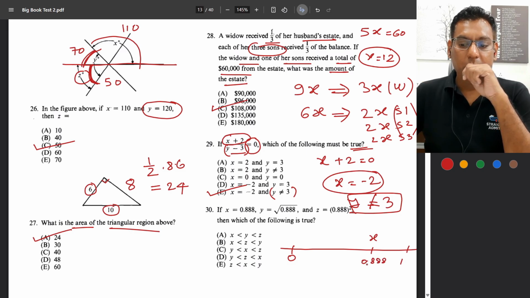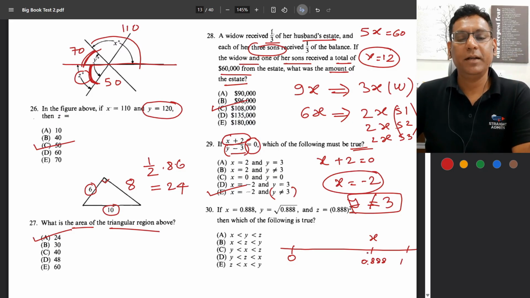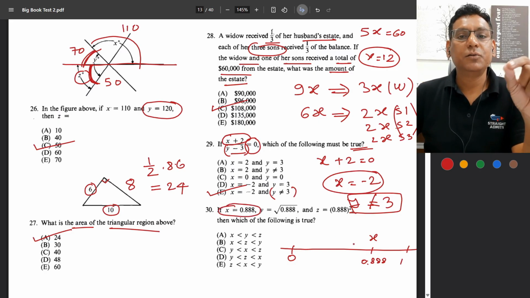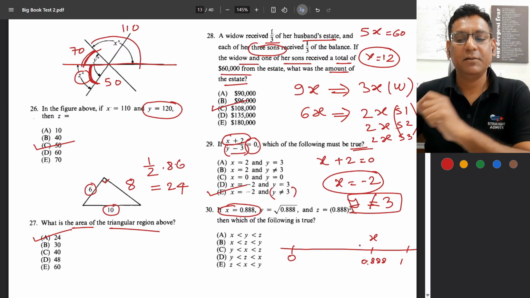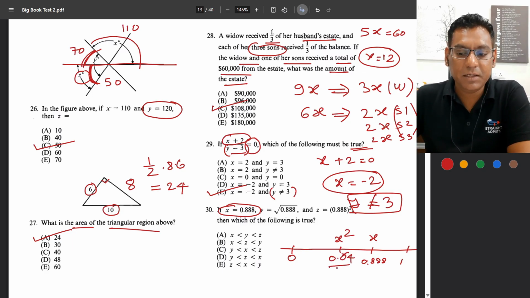What happens when I multiply 0.8 with 0.8? I get 0.64. So the number reduces. Why? Because I'm talking about positive numbers. So the number reduces because that number itself is less than 1. So x square is going to be 0.64 something.